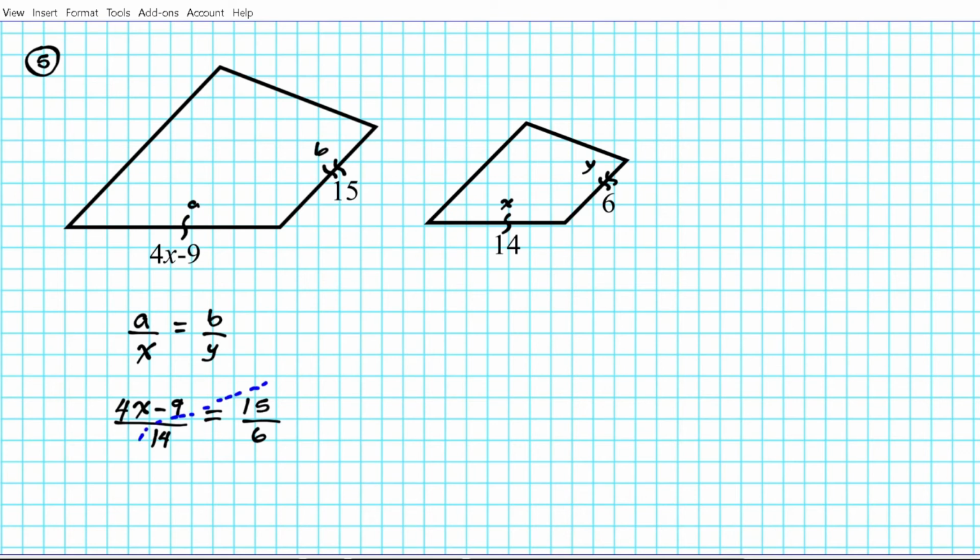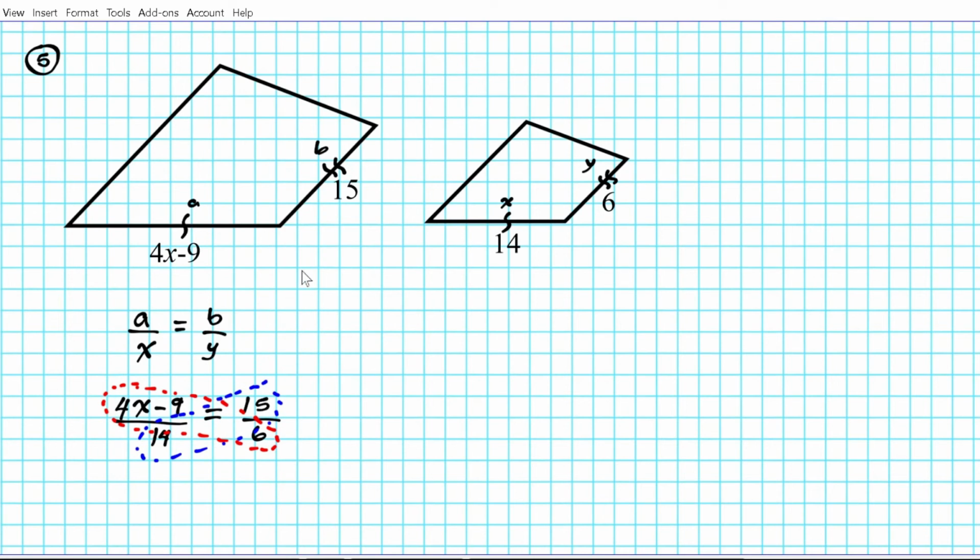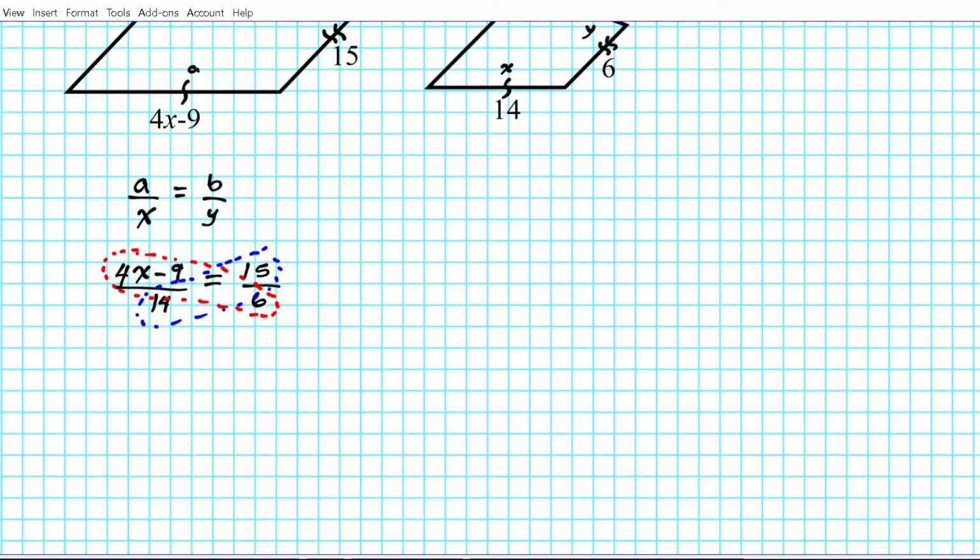So you multiply 14 and 15, and then you multiply quantity 4x minus 9 and 6. If you carry out that multiplication, now be careful here because your numerator on the left has two terms, so you have to group it in parentheses. 4x minus 9 times 6 is equal to 14 times 15.